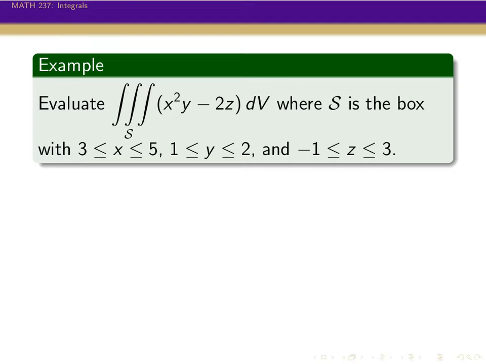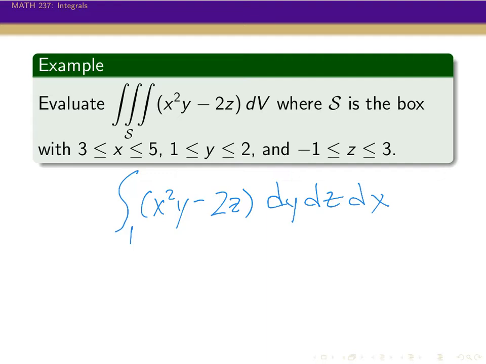So if we're doing x squared y minus 2z, let's say it doesn't really matter, so let's do y first, and then we can do z, and then we can do x. Now we need to make sure that we have our bounds lining up.